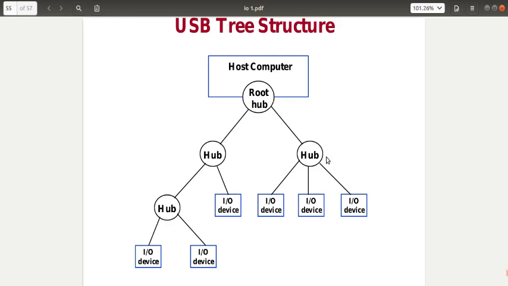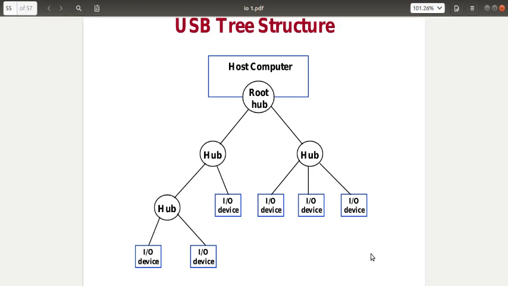Once you have a connection here, and if you connect another USB device to this, if it gives the facility, then this device will become a hub, and the devices connected to this hub will become the IO devices. This is very easily understandable: you can buy USB hubs for expansion.